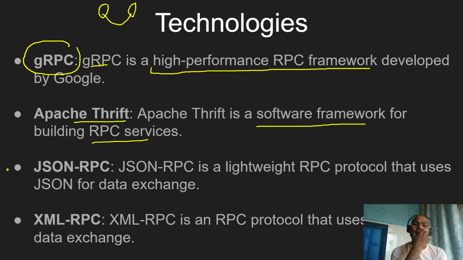Previously, a couple of decades ago when the concept of web services or microservices started, XML-RPC or JSON-RPC were popularly used. These are very lightweight RPC protocols used to exchange data over XML or JSON.